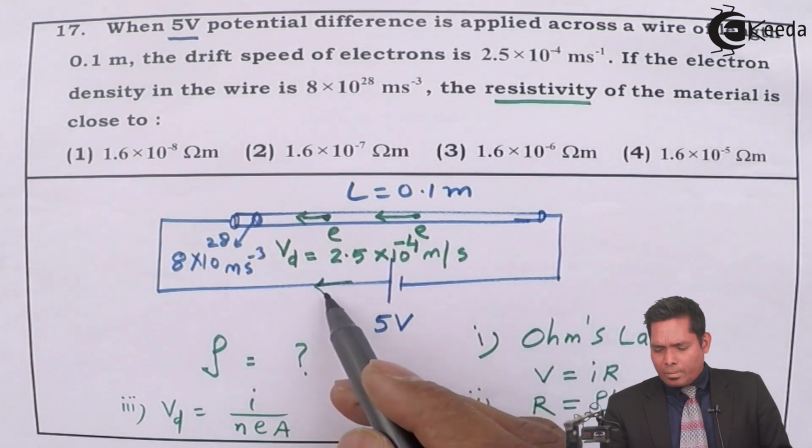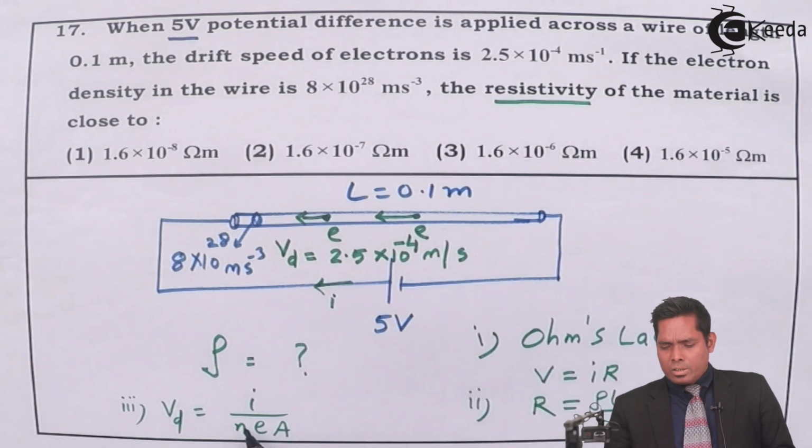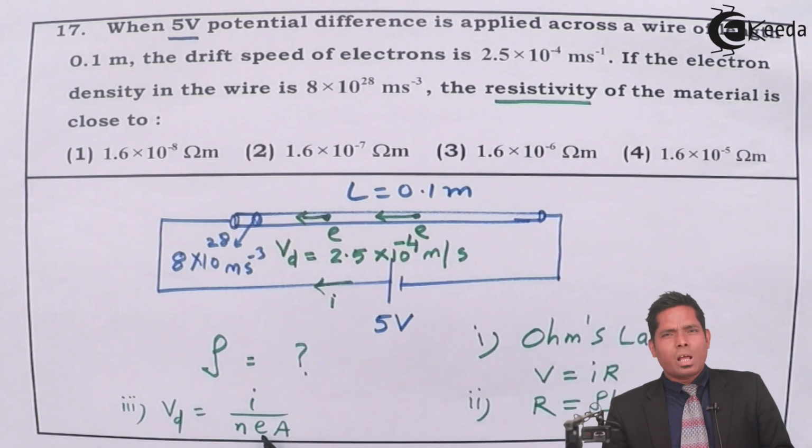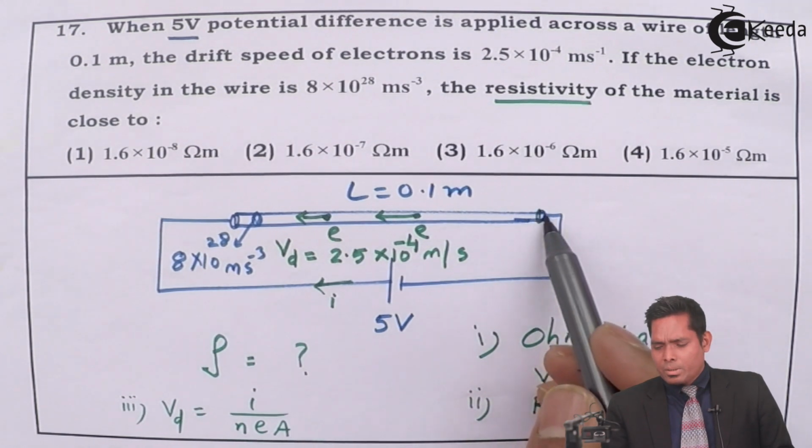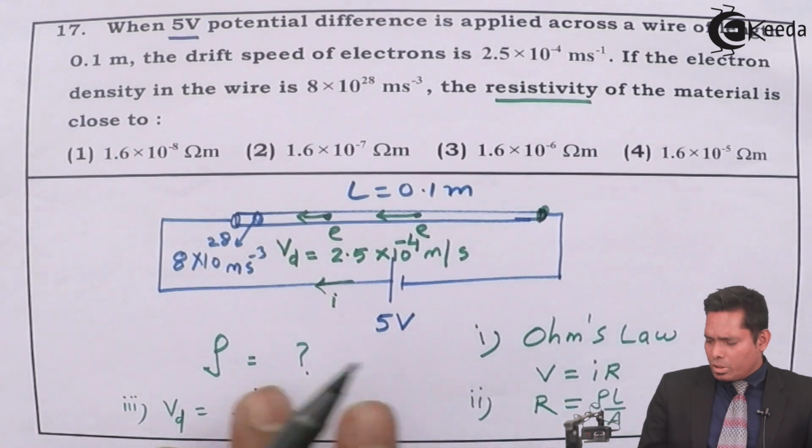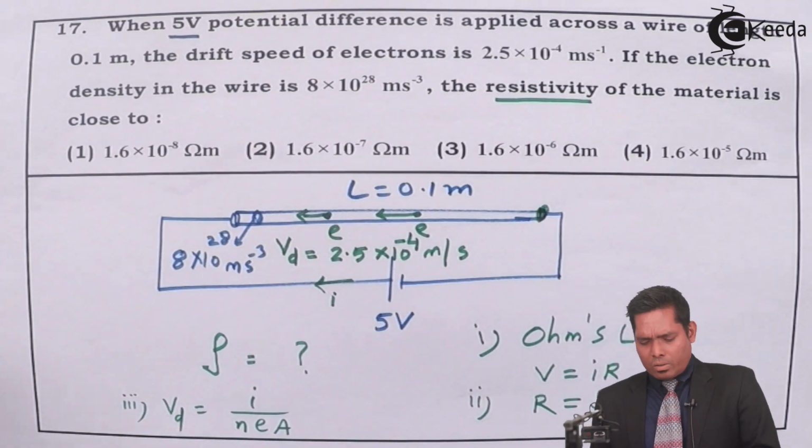This is the direction of current. N is the density of electrons, e is the electronic charge, A is the area of cross section of this conductor. So this formula we will use and solve the question.